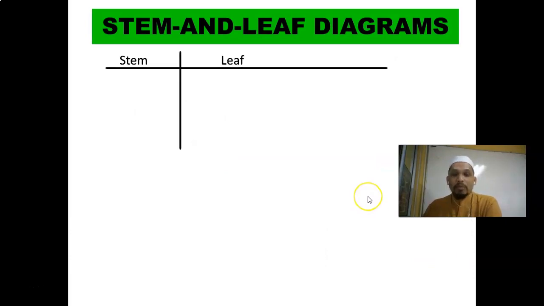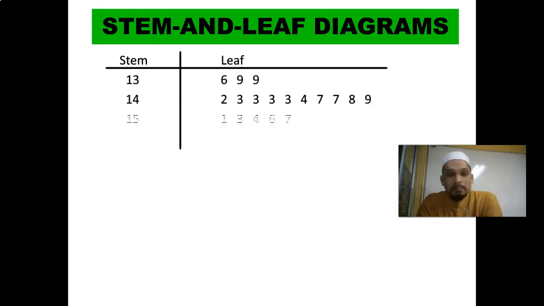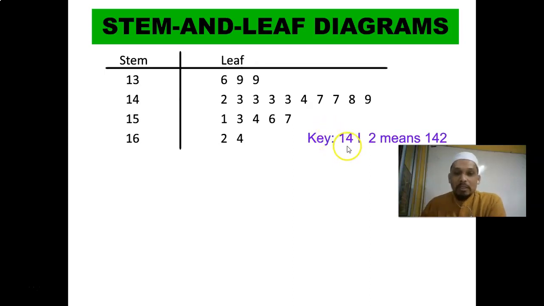Okay, when we are given any raw data, we can also arrange or describe it in a diagram, what we call a stem and leaf diagram. So for example here, the key is 14, with 2 means 142.